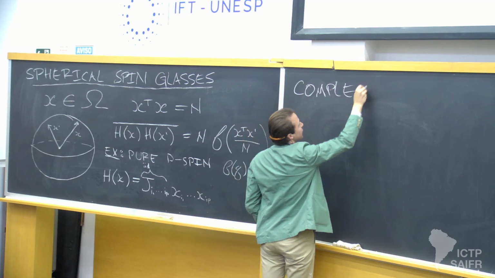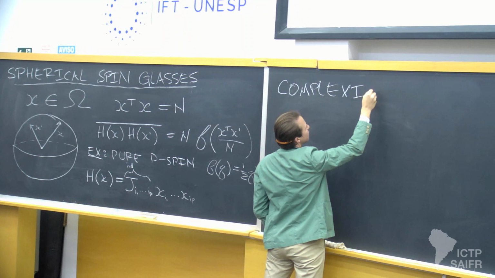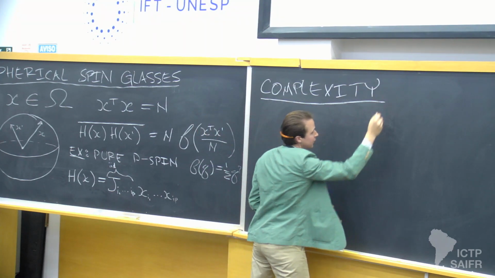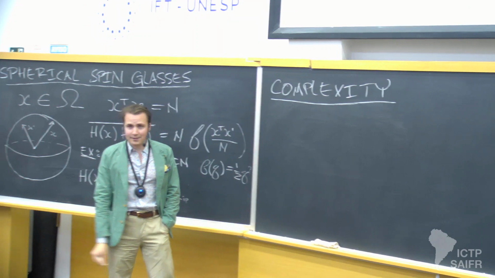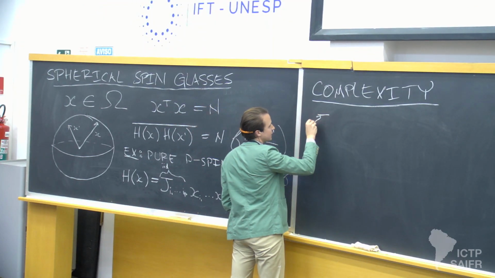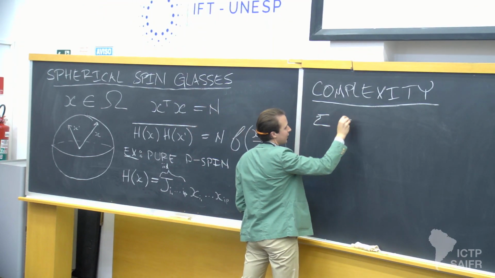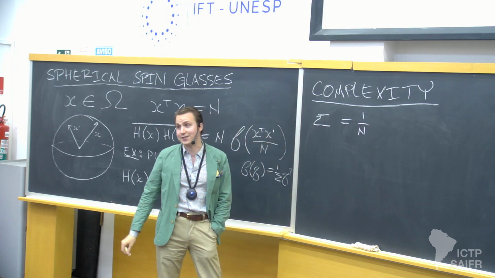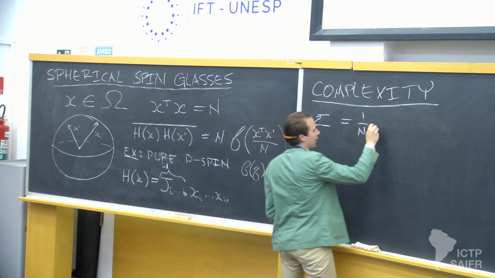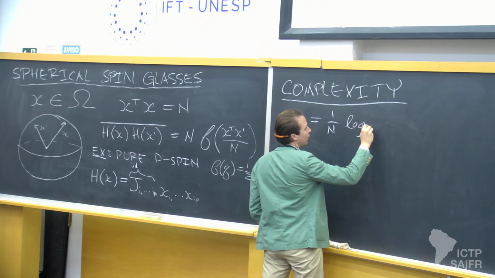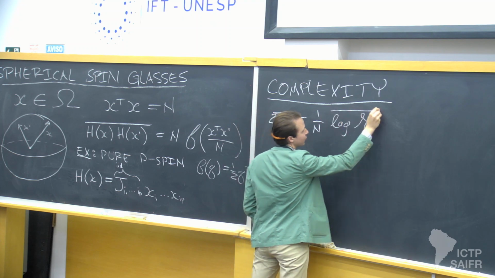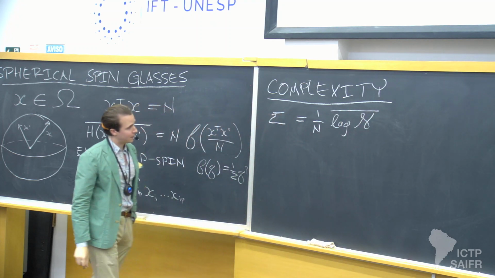In this field, that's what we call the complexity, which is defined by sigma, equal to 1 over N, so normalized to be an intensive value, times the logarithm of the number of stationary points averaged over the disorder.